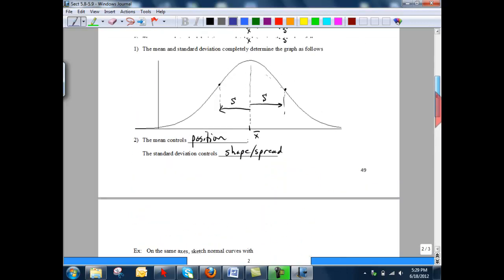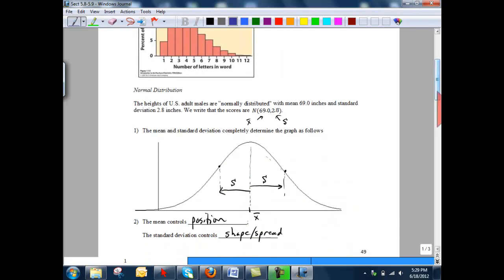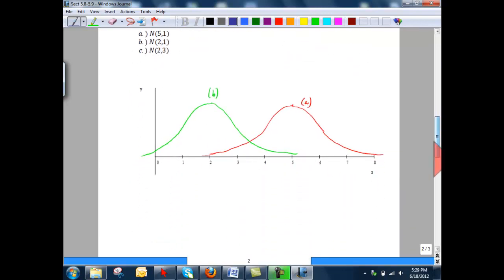Now let's go back and refer to this comment. The total area of all of the bars in a histogram has to be 1, or same thing, the total area underneath the distribution curve, like this one, has to be 1. And so if I'm going to now draw a curve that's in the same position as the green curve, but is more spread out, and still only has total area 1, just like the green curve, the curve also has to get shorter.